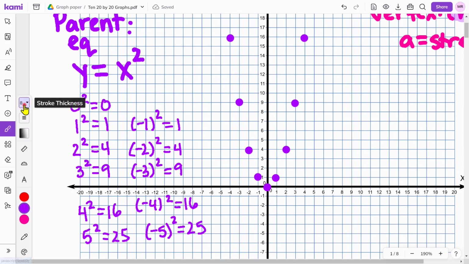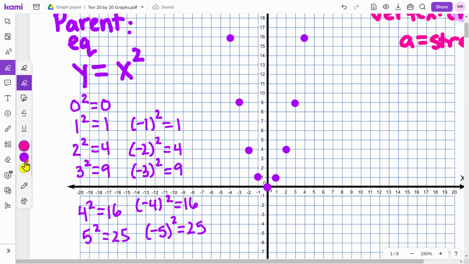And then I am going to connect these points. When I connect these points, it's going to be a U shape. It's going to be a curve. I'm just going to do it kind of transparent so we can see those points there. And that is going to be our basic parent graph, y equals x squared.